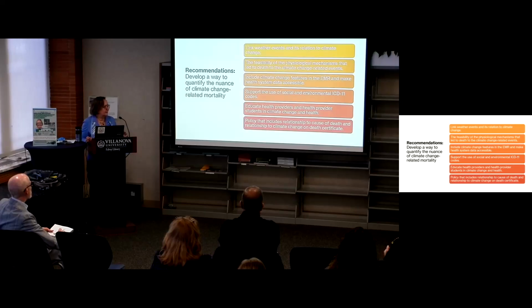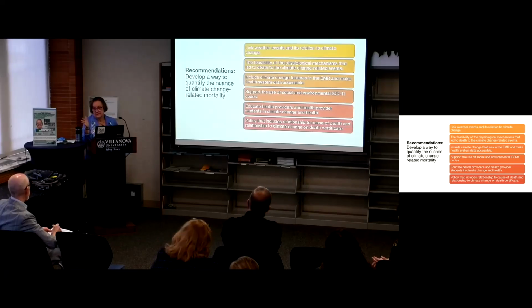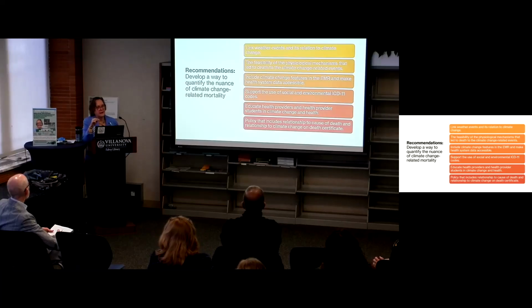And then we need policies that include the cause of death and the relationship to climate change on the death certificate. I've spent a lot of time reading death certificates and reading about how they're completed. Every state has its own death certificate, so there's the challenge. But on most death certificates, they have a checkbox: is this a tobacco-related death?